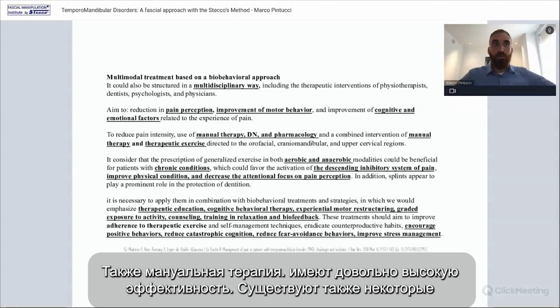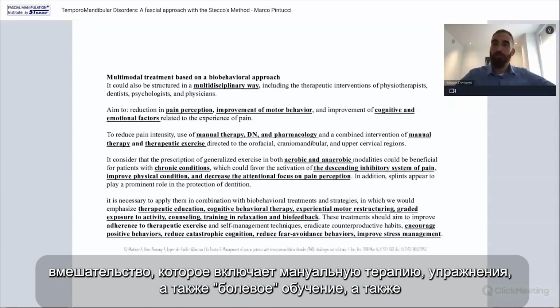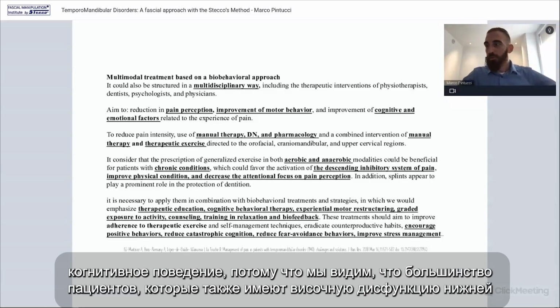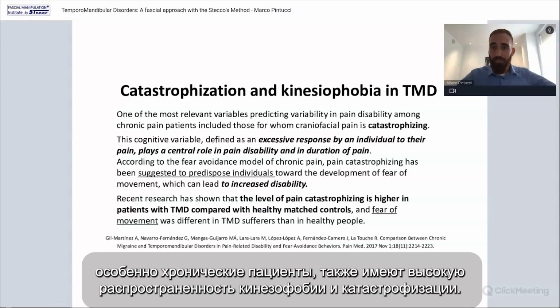There are also some multimodal treatments, like the one described in the study, where they suggest an intervention that includes manual therapy, exercise, pain education, and also cognitive behavior, because we see that most patients with temporomandibular disorder, especially chronic patients, have a high prevalence of kinesiophobia and catastrophization.